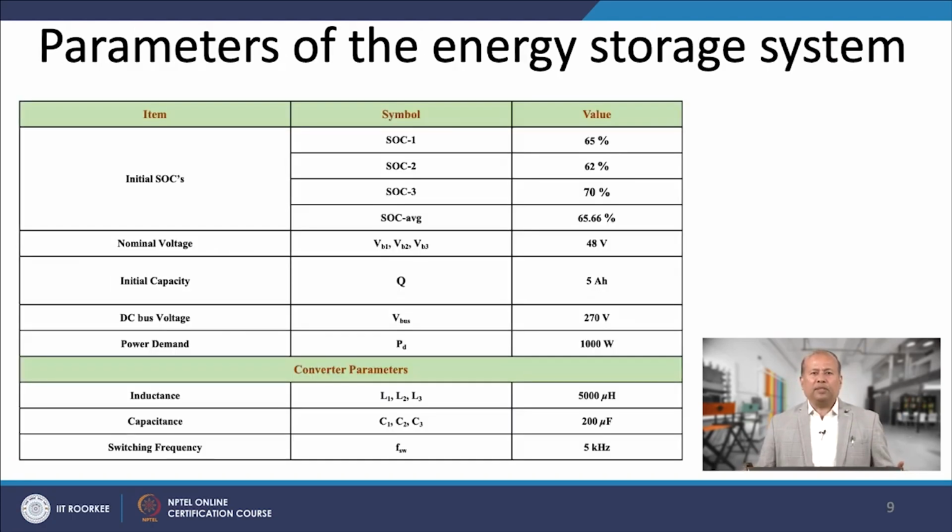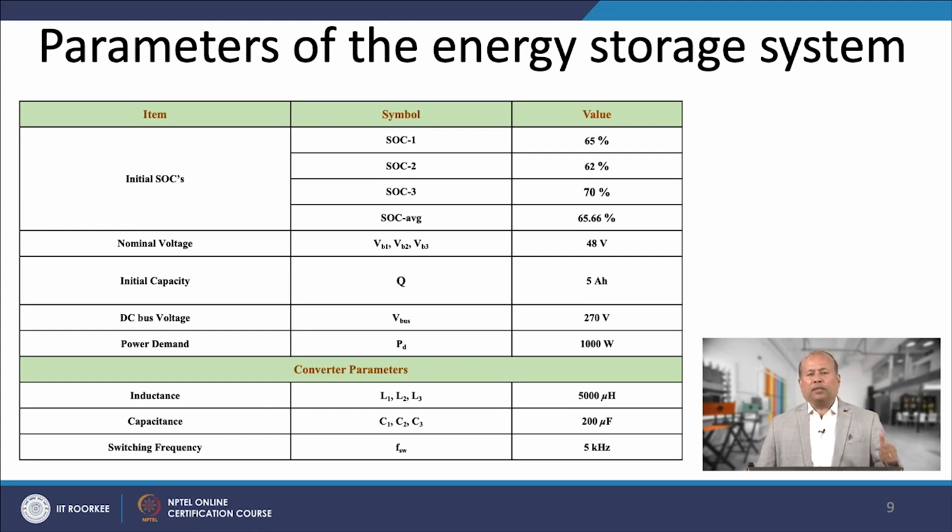The parameters of the storage system are presented in the table as shown. The initial SOCs are taken as SOC 1, which is 65%, SOC 2, 62% and SOC 3, 70% respectively.